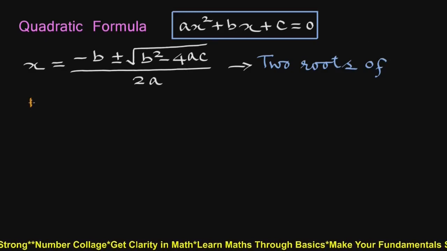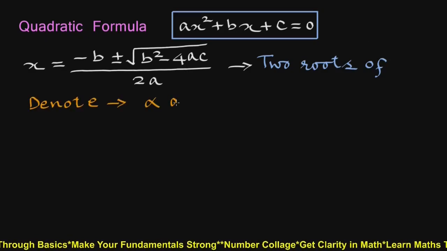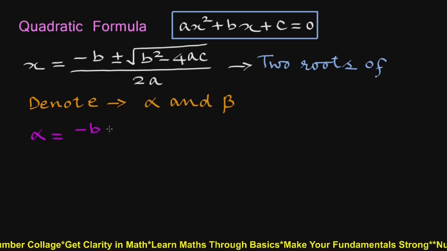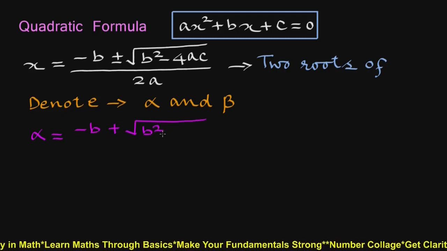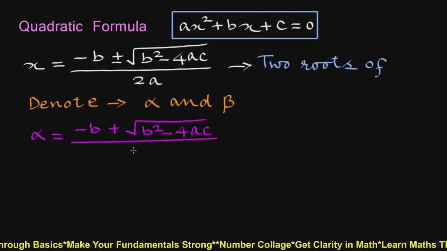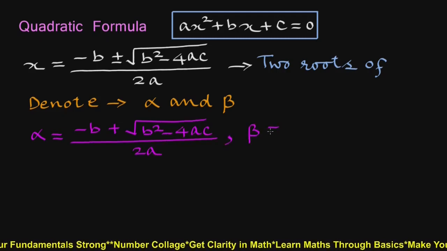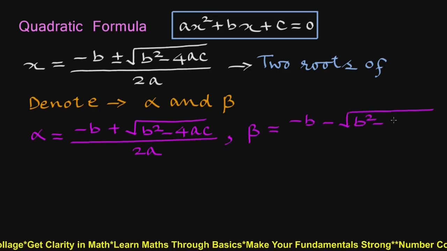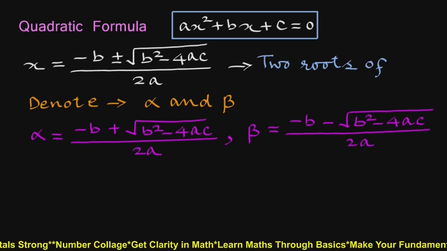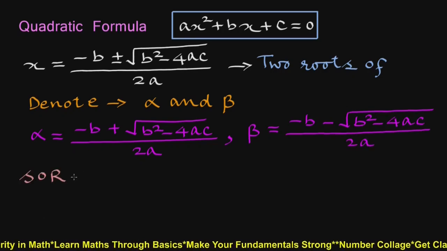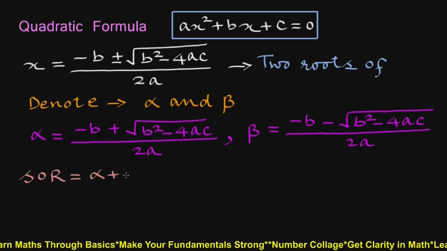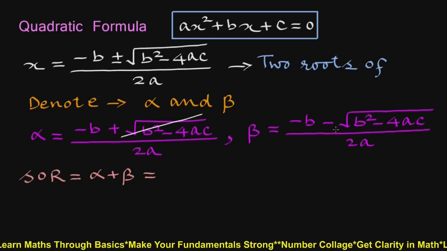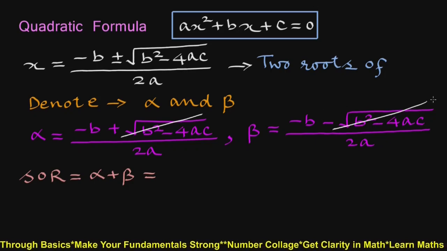Let us denote the two roots by alpha and beta, where alpha equals minus b plus square root b square minus 4ac upon 2a, and beta will be minus b minus square root b square minus 4ac upon 2a. Here the sum of two roots, SOR, will be alpha plus beta, that will be root b square minus 4ac minus root b square minus 4ac.